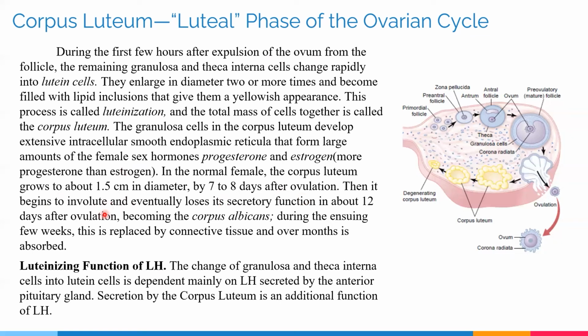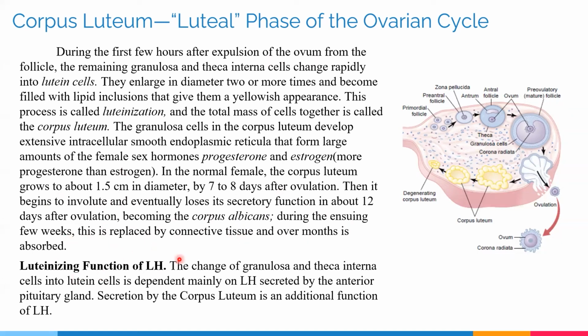Then it begins to involute and eventually loses its secretory functions about 12 days after ovulation, becoming the corpus albicans. During the ensuing few months, this is replaced by connective tissue and over months is absorbed.